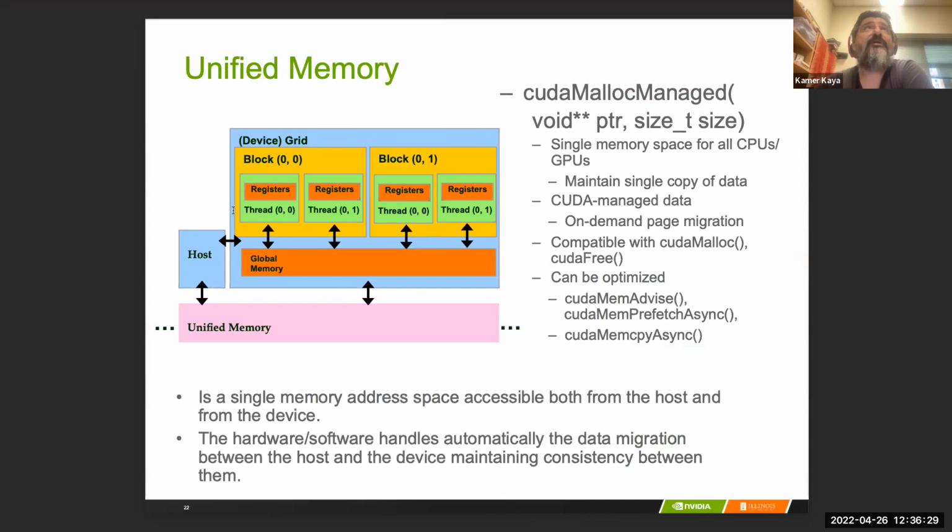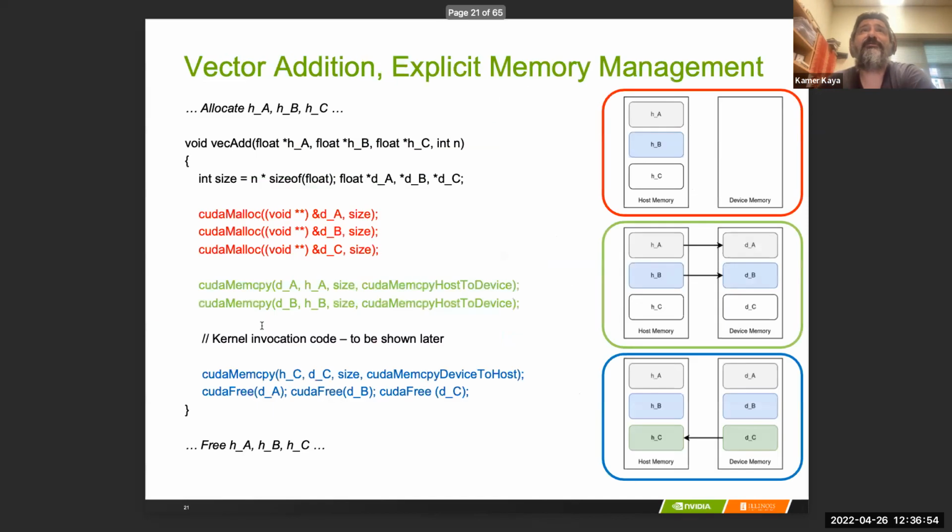As I told you, there are ways to unify these 2 memories so that you only allocate one area, and the data transfers, management, etc., are done automatically. In this example, for instance, we have 2 copies of A, one on the host, one on the device. Why?